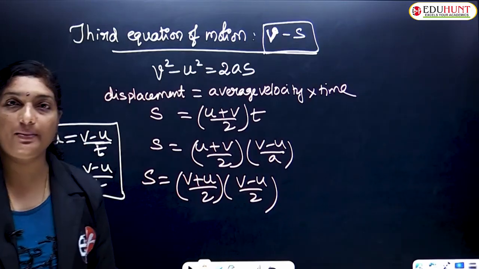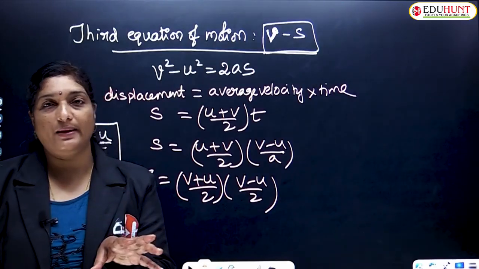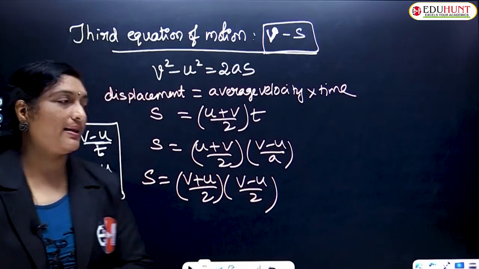Children, I hope you know the formula: (a plus b) into (a minus b) can be written as a square minus b square.